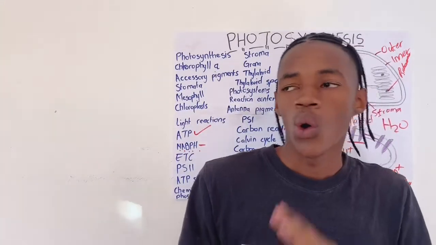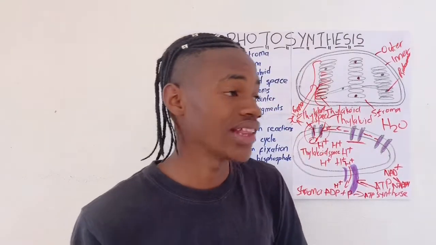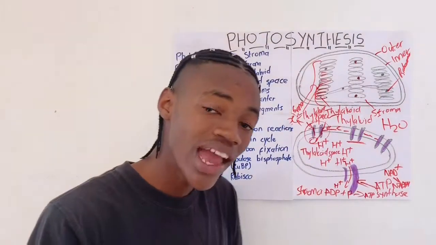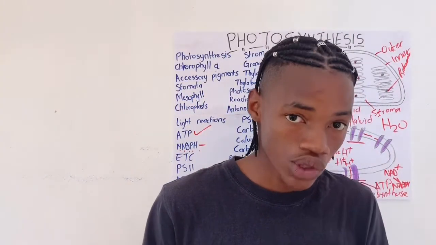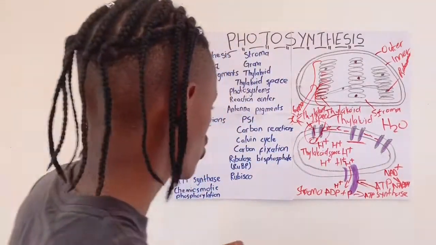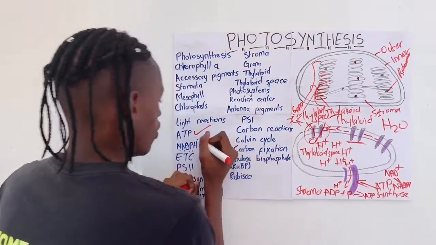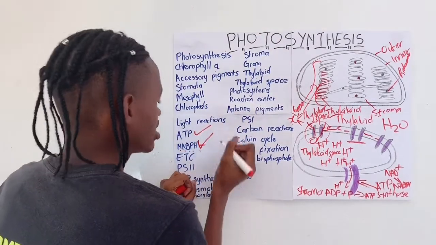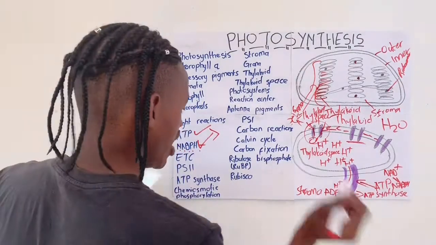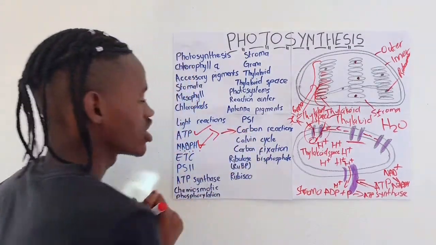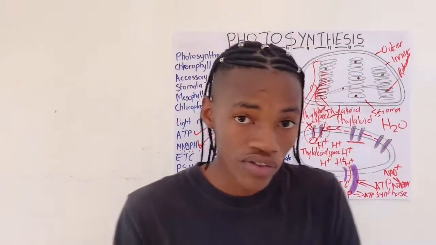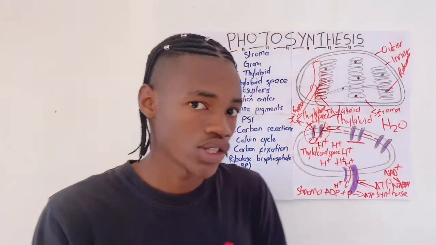So then they are reduced, and when they're reduced, we get NADPH. So NADPH is produced in photosystem 1. Now we have our two products. Now we have ATP and NADPH, which will come together and do their jobs in the carbon reactions of photosynthesis. With that said, now we move over to the carbon reactions of photosynthesis.